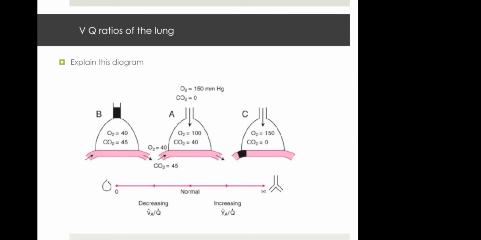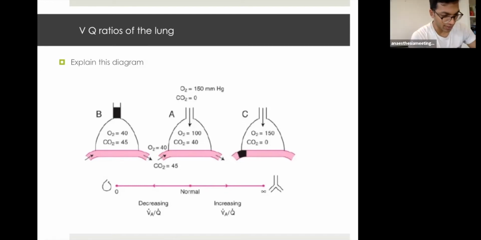But basically, the partial pressures will be the same as the inspired gas flow. Yeah, exactly. So as you increase VQ ratios, the alveolar PO2 and PCO2 will tend towards whatever the ratios are in normal air, so inspired air.